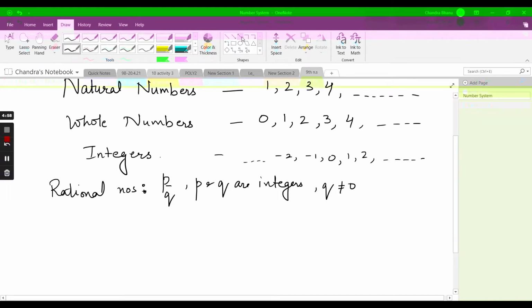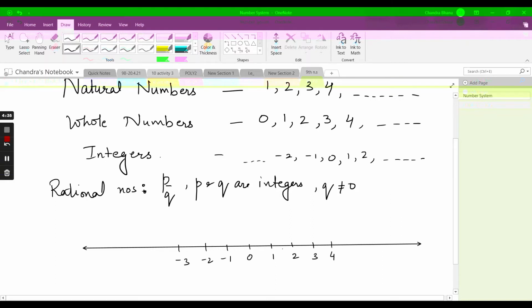Now when we talk about a number line, all of you know about a number line? On a number line, we have all kinds of numbers. Firstly, the natural numbers, then 0, then integers, and then rational numbers also. Where are my rational numbers actually? They are in between two integers.